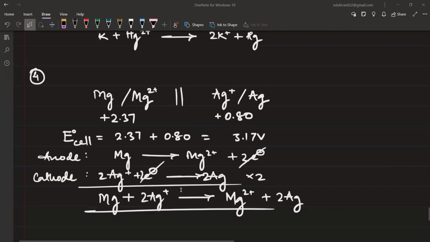Okay, Rifat made Mg and chromium, you have made a new one. Fine, correct.